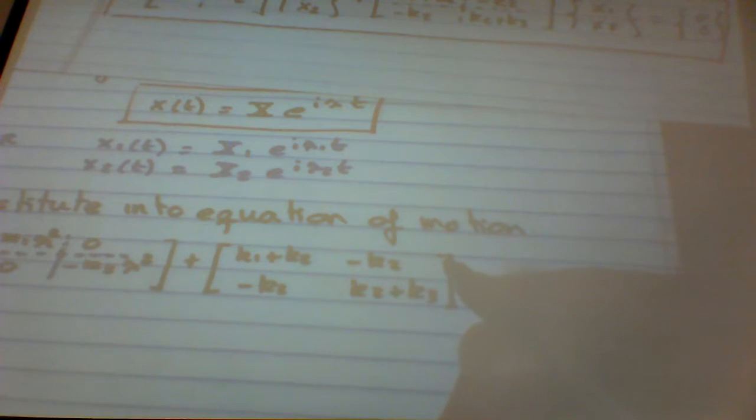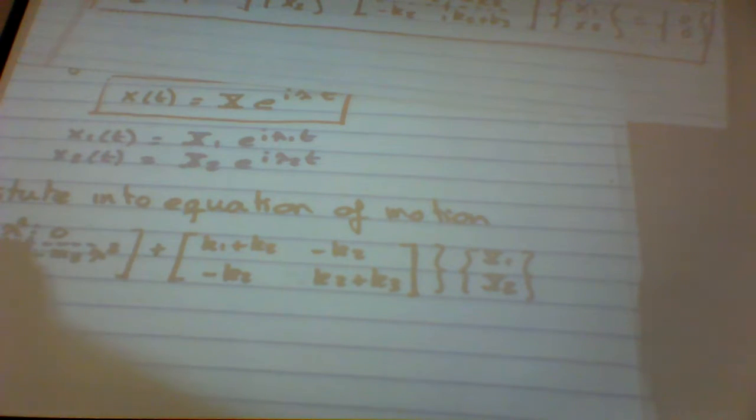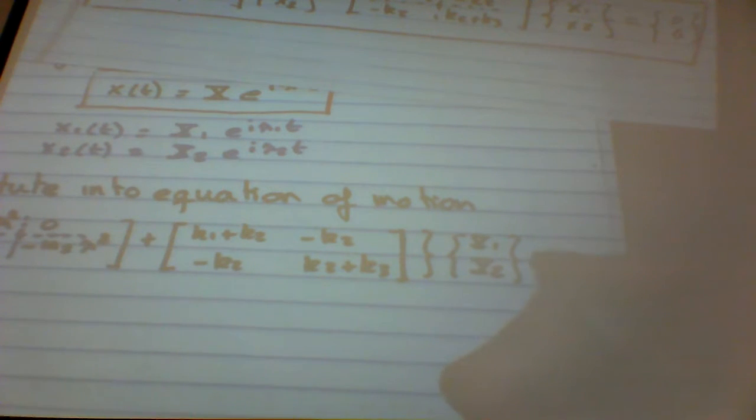It would just be 1, 1, multiplied by X1, X2, no? Because all of this will be multiplied by X1, X2, equal to 0, 0.